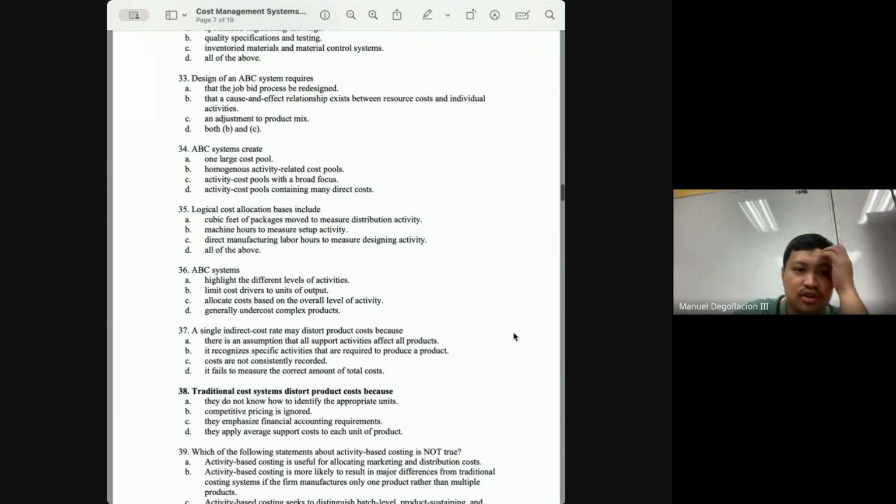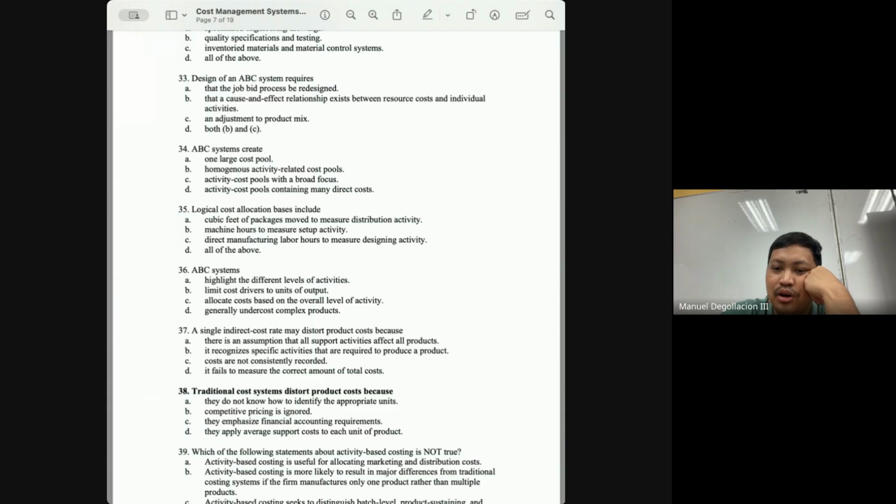35, logical cost allocation bases include, let's see, cubic feet of packages moved to measure distribution activity. Yes. Machine hours to measure setup activity. For setup activity, class, what would be the basis?